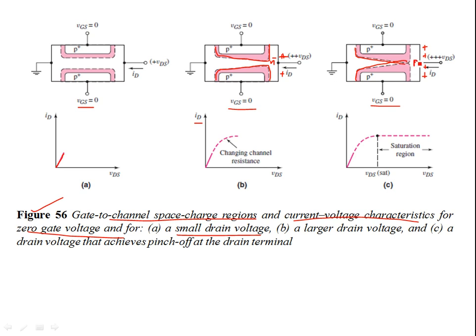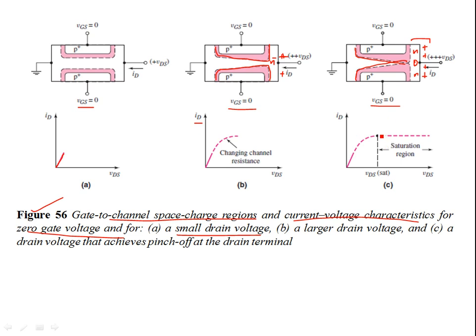Since this is N-type region, and this is positive, at this region you have reverse biased the drain side so much that the channel closes at the drain.